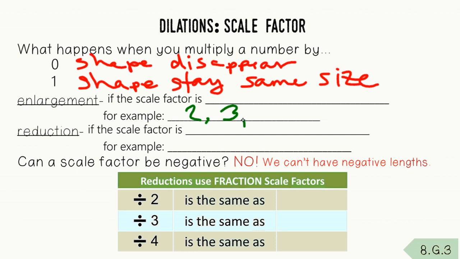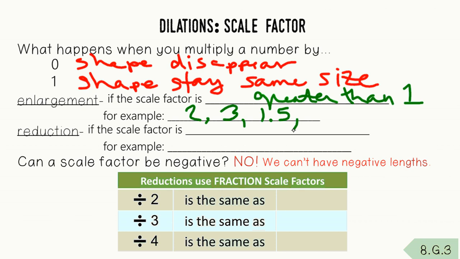I can multiply by anything that is greater than 1. So even something like 1.5 would cause an enlargement because it's greater than 1. If I multiply 5 by 1.5, I'm going to end up with a number that is greater than 5.